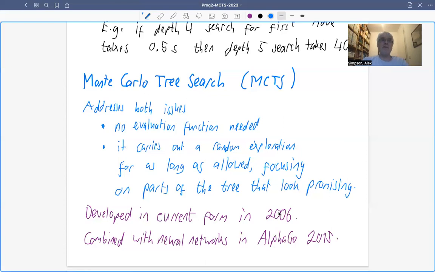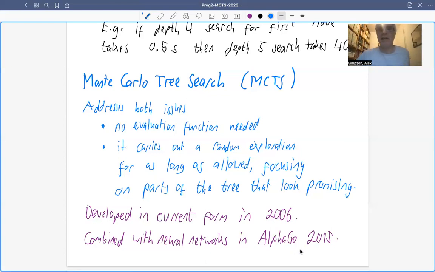This algorithm's been quite famous for a while, but it really came to prominence in 2015 because Monte Carlo Tree Search was one of the 2 ingredients combined with a neural network component in a very famous program, AlphaGo, an artificial intelligence program that played the game of Go and defeated the world champion, or one of the world champions, at Go for the first time.